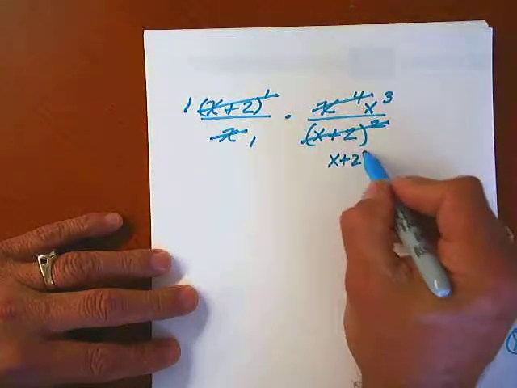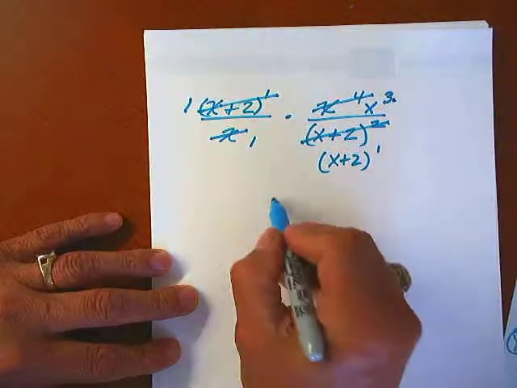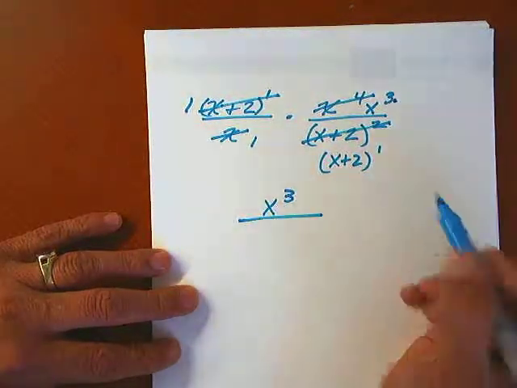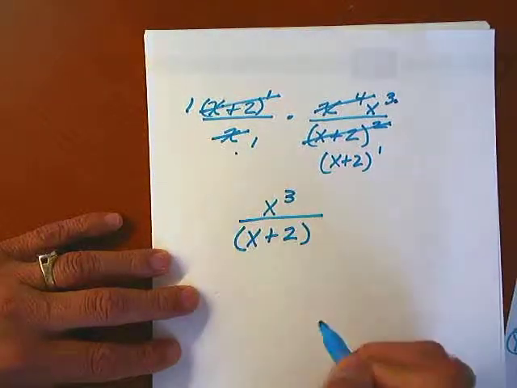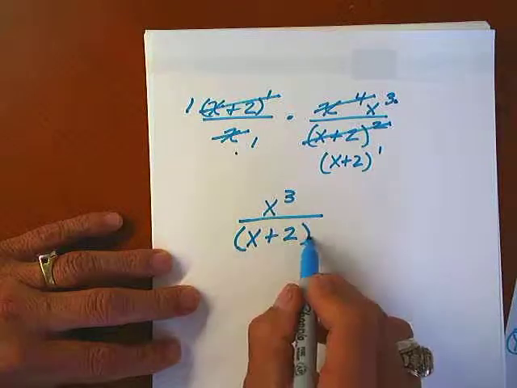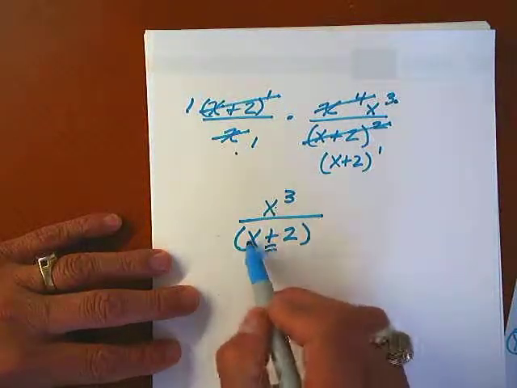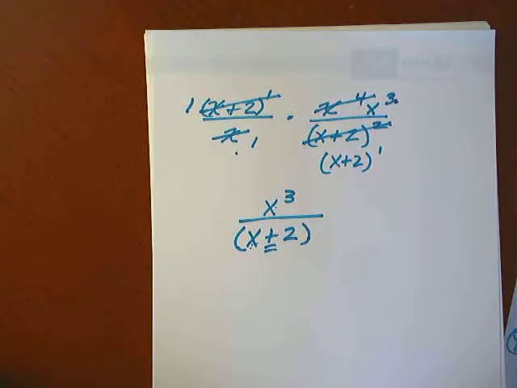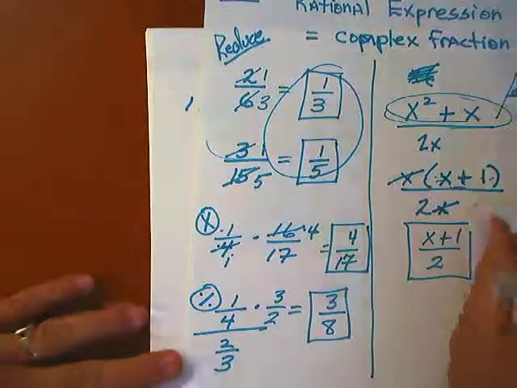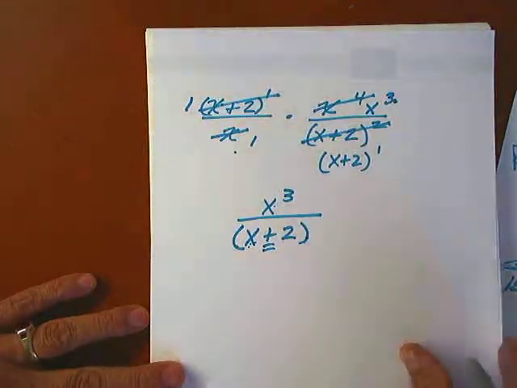Oops, this is to the 1st power, so that'll go in there one time. Go in here, x plus 2 to the 1st power. So 1 times x to the 3rd is x to the 3rd, and 1 times x plus 2 is x plus 2. And you have to put those parentheses because you cannot cancel these two x's because they're married. It's got a plus or a minus right there. And that one is just like this one.